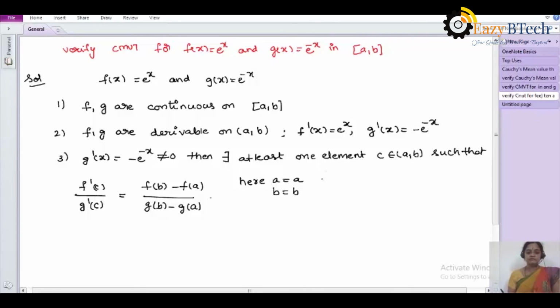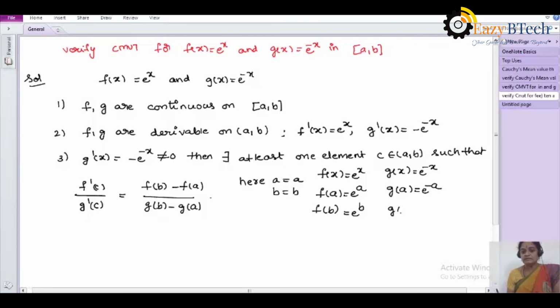So let me find out all values, students. f of x is e power x, f of a is e power a, f of b is e power b. g of x given in the question is e power minus x, g of a is e power minus a, g of b is e power minus b.